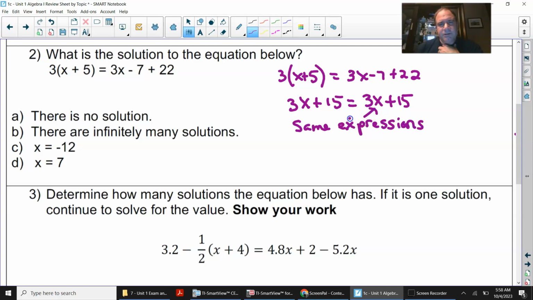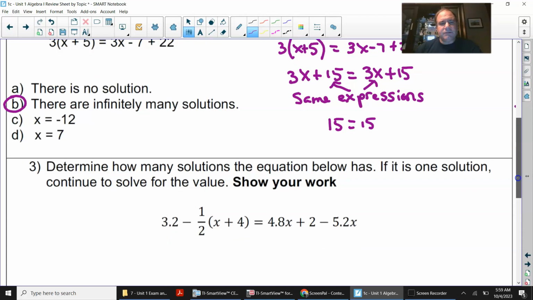So same expressions on both sides of the equal sign. There's infinitely many solutions. If you wanted to continue, you would minus 3x on both sides. You get 15 equals 15.